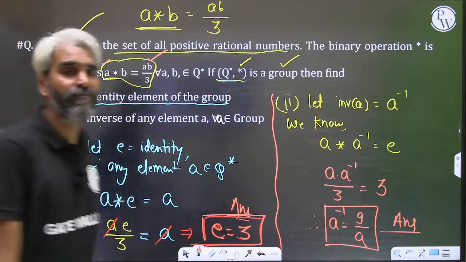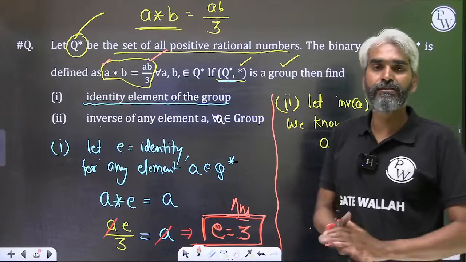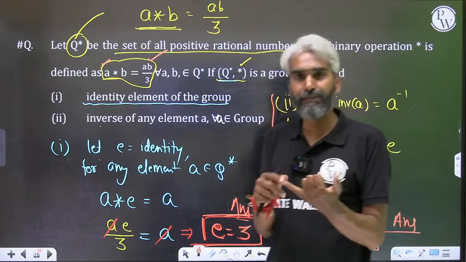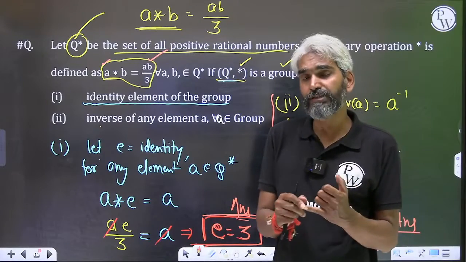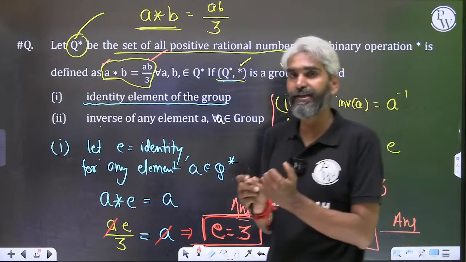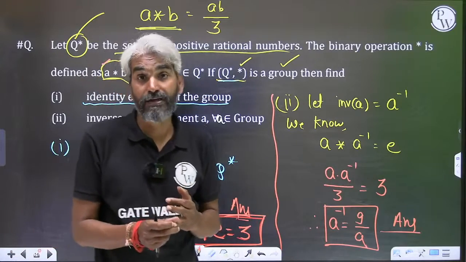So if you know the basic definitions of the different types of structures in group theory, what do we mean by algebraic structure, what do we mean by semigroup. For an algebraic structure, the set should be closed with respect to the binary operation asterisk. It should be associative for an algebraic structure to become a semigroup.